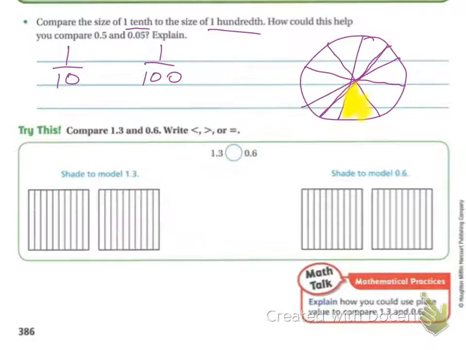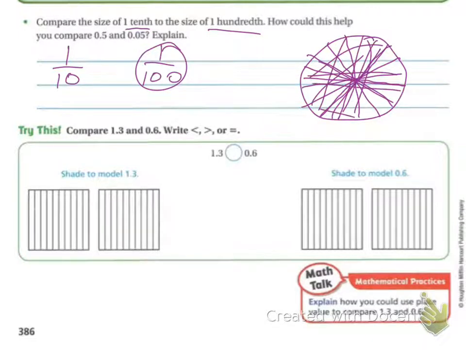Now, if we're doing this one, we have to cut it into 100 slices. That would be challenging to draw. A teeny little sliver is 1/100th. So that's how it helps you compare.